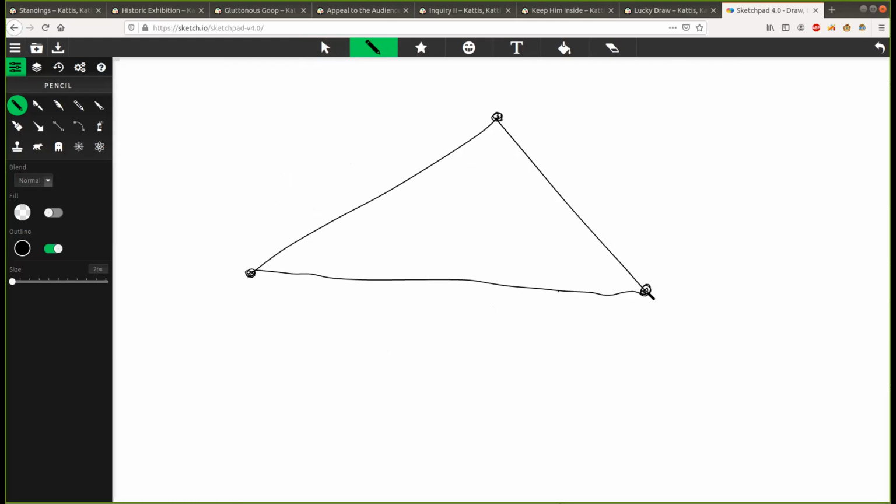So we've reduced the problem to a case of a triangle. So we have a triangle and a point inside the triangle. And then my solution was like this.